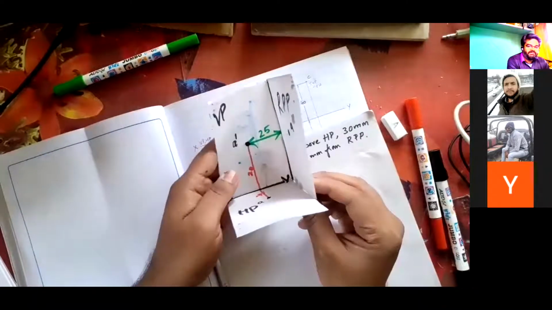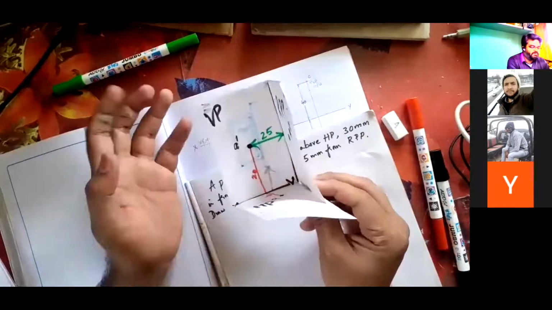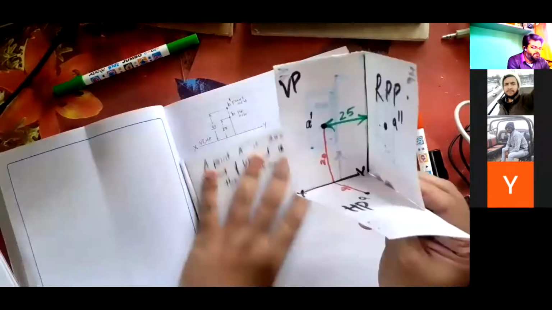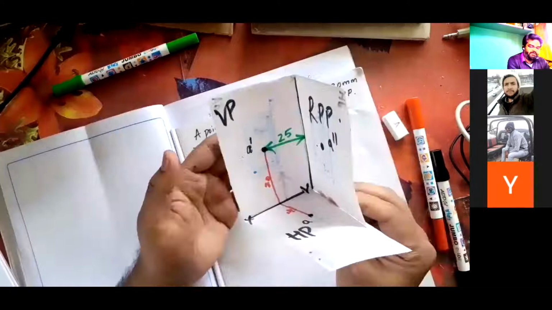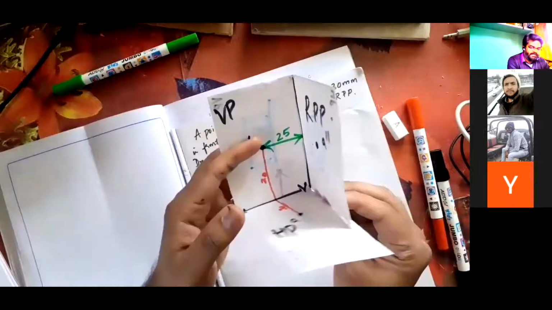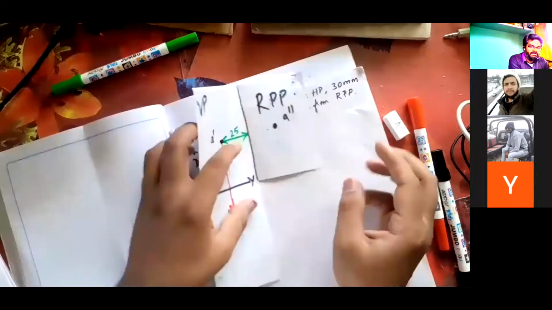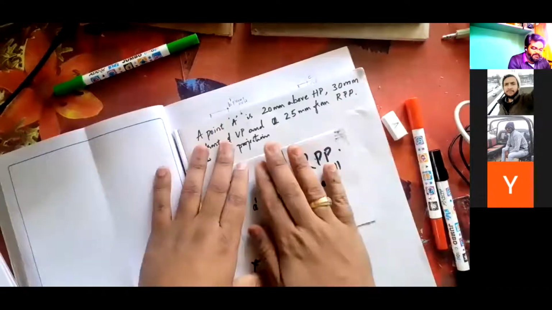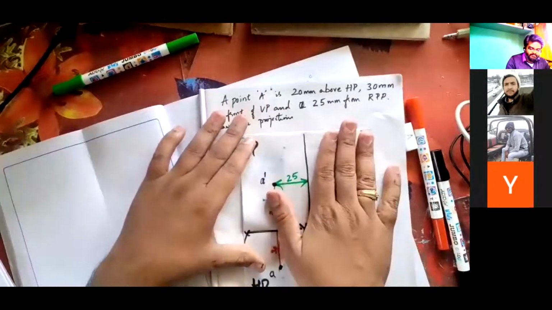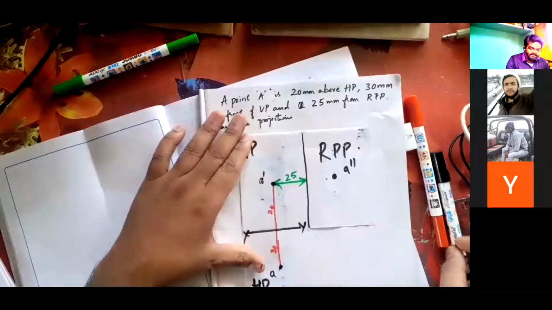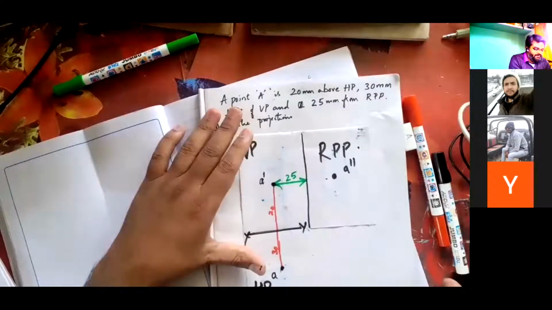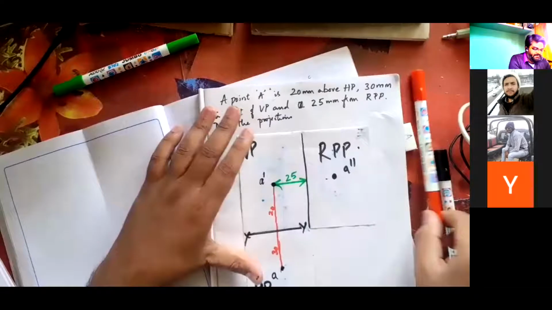So I have to convert it into a 2D drawing. What to do? I have to open this horizontal plane in clockwise direction and open this right profile plane in horizontal direction so that I get the three views like this. So I have to find the point from where these projections will come. From A and A dash they will come like this.